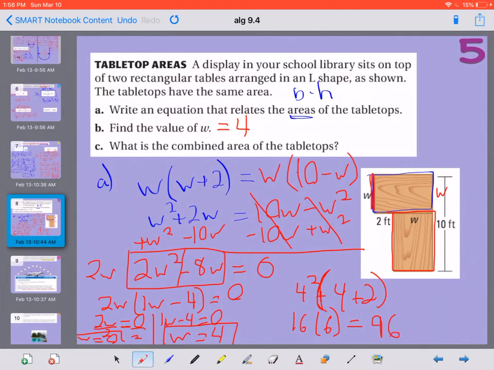And then we have 2 of the same tabletop, so 96 times 2 gives us 192.